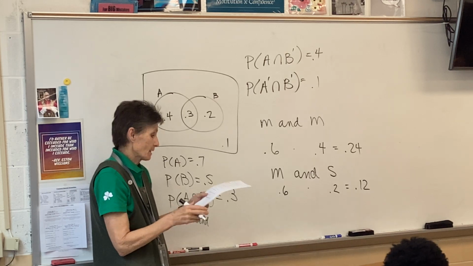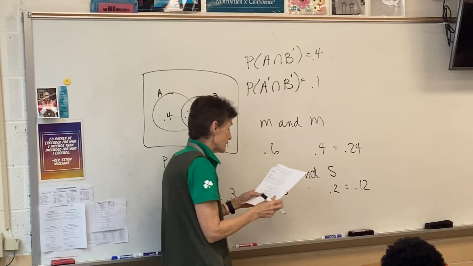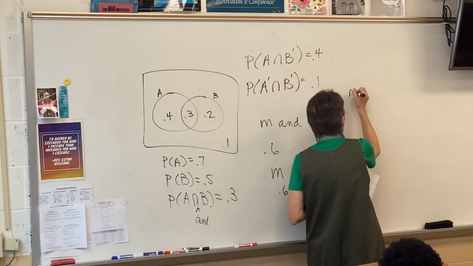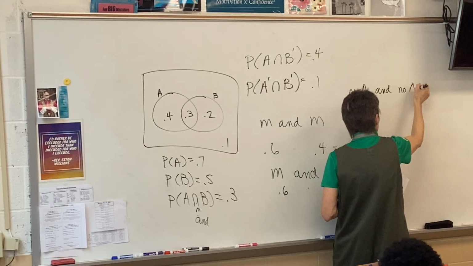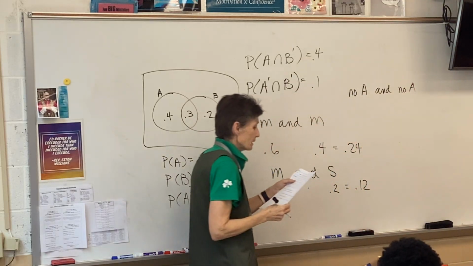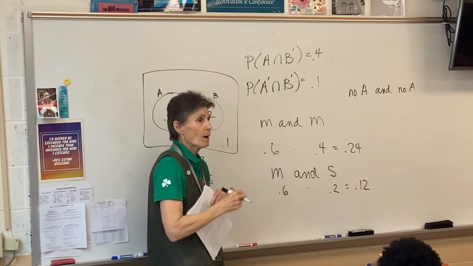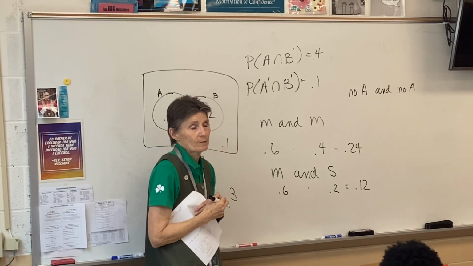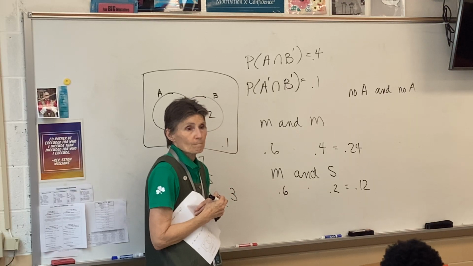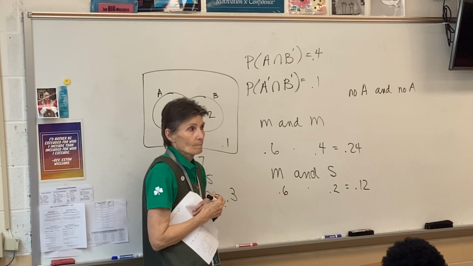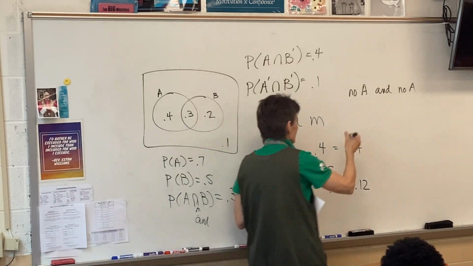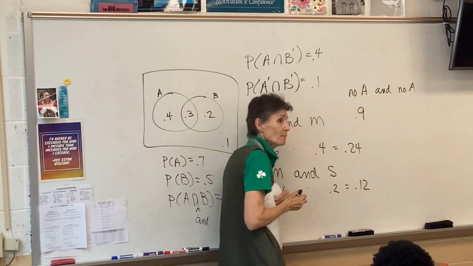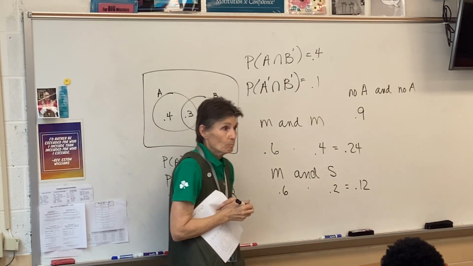Okay? What is the probability that neither will like art? So no art and no art. All right, class 1. What's the probability you don't like art? 0.9. Guys, what's the probability you do like art? 0.1.